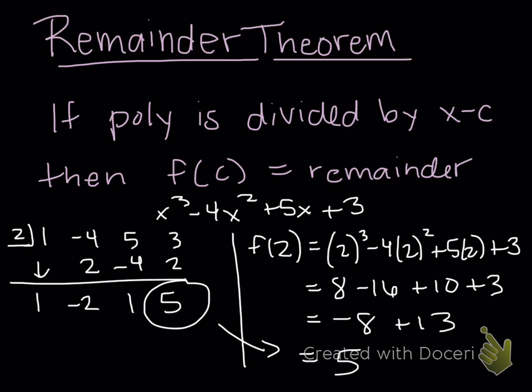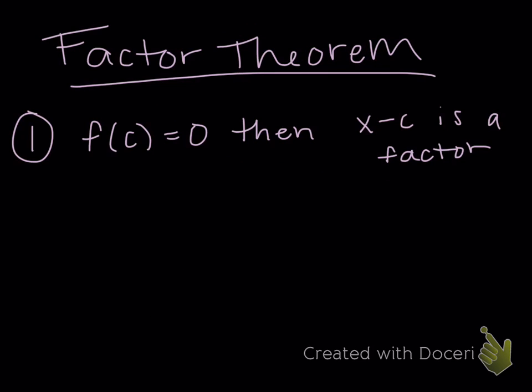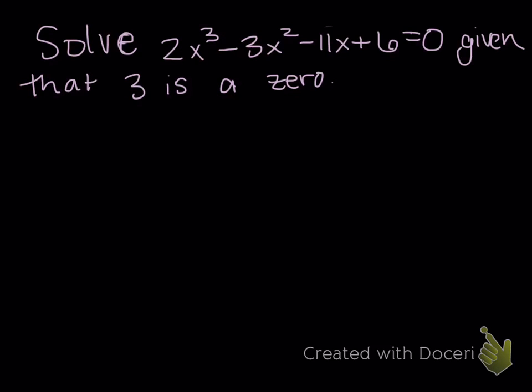So that kind of brings us to the factor theorem, and the factor theorem says if I evaluate the function and I get 0, that means whatever binomial that value came from is a factor of the function. So to show you how this applies, it says solve 2x cubed minus 3x squared minus 11x plus 6 equals 0, given that 3 is a 0.